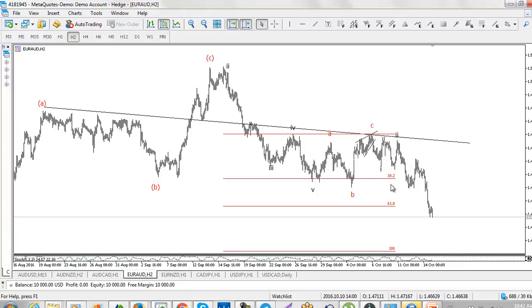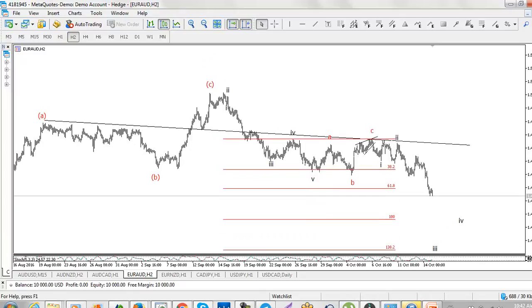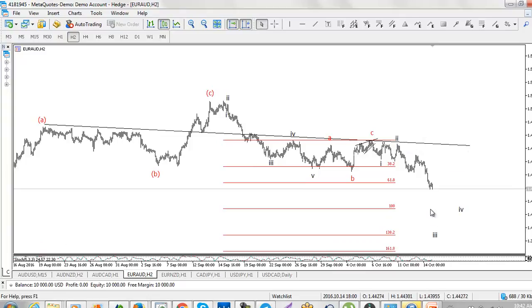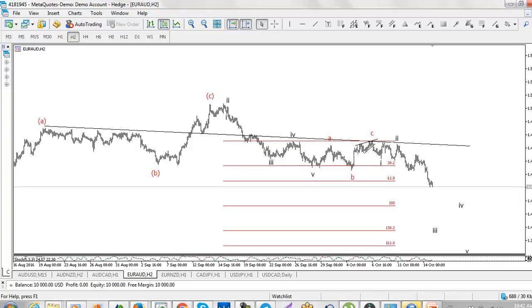So this is the first wave, and this is the second wave. This is wave 1 of 3, wave 2 of 3, and we are just in wave 3 of 3. So this move is still very early. We are still in the third wave of this particular move. The price is taking the third wave downside, then wave 4, and then wave 5.